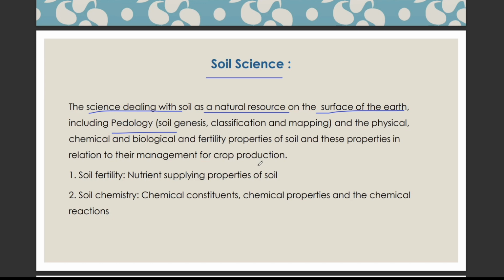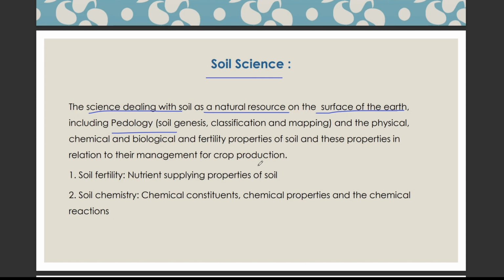Also the physical characteristics of the soils, meaning what the texture is, what the structure of the soil is, and what the different types of pores present in the soil are. Chemical properties means which minerals it consists of and how much organic matter it contains. Biological and fertility properties are also related with crop production.